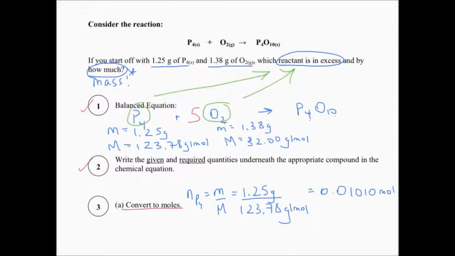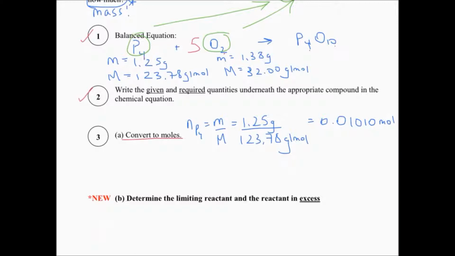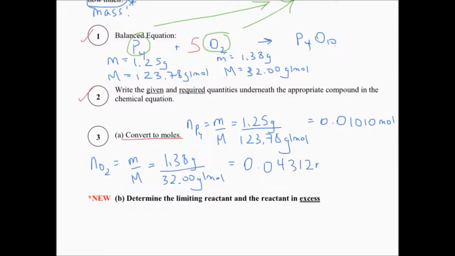If we do the same for oxygen, we have 1.38 grams divided by 32.00 grams per mole, and that gives us 0.04312 moles.